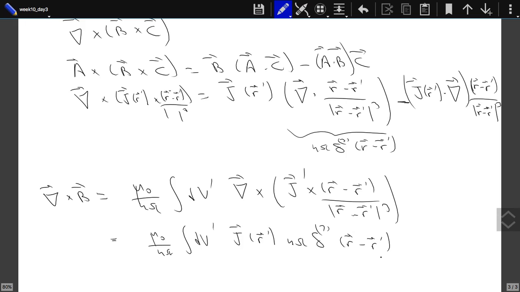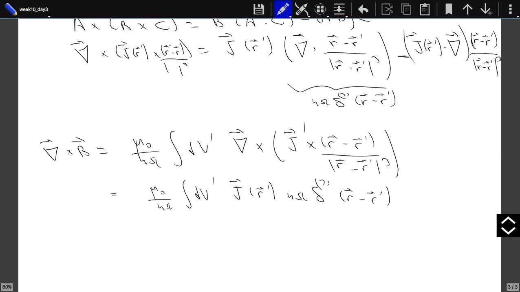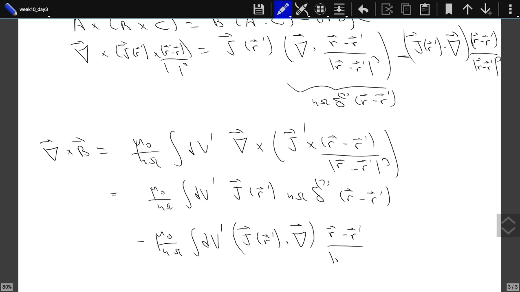This is my first term. Minus mu 0 over 4 pi, dv prime, j of r prime scalar product with this del operator acting on r minus r prime over r minus r prime cube.